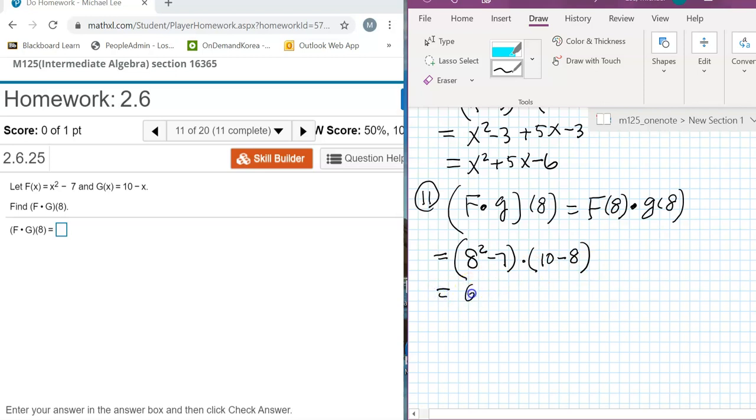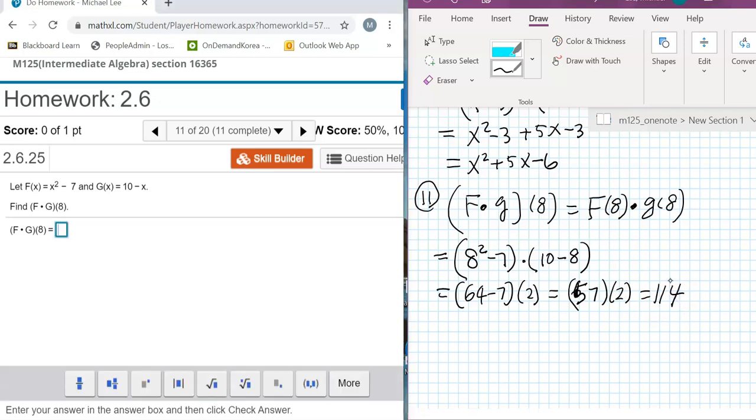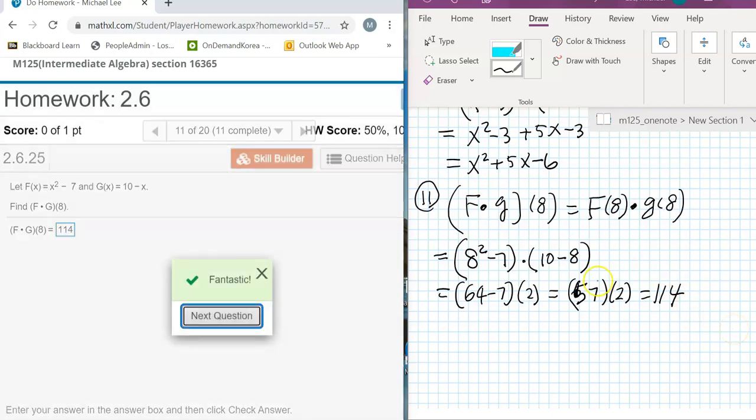So the first part is 64 minus 7. Second part is 10 minus 8, which is 2. So this is 57, okay? Times 2. It is 114. So that should be 114. Okay, and then hit enter.